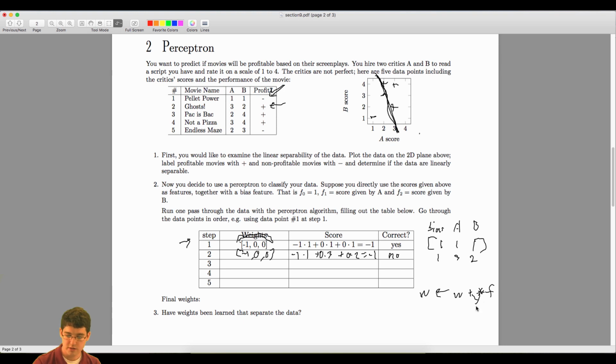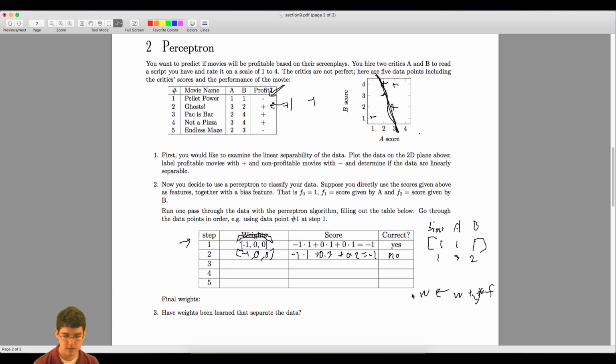Y star here is the actual label that we got. In this case, it's plus 1 because our label was plus. If it were a minus, it would be a minus 1. So basically, if we got it wrong, we're going to add F, where F is our feature vector, to the weight vector.